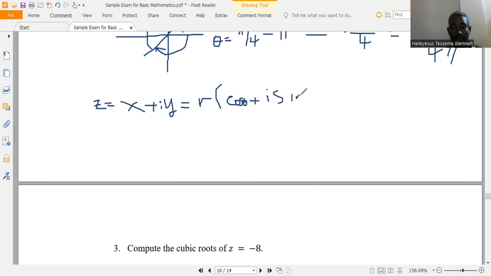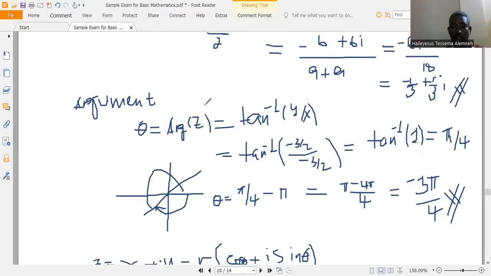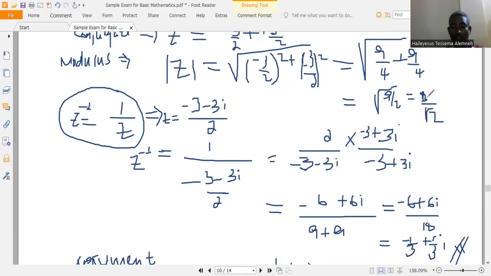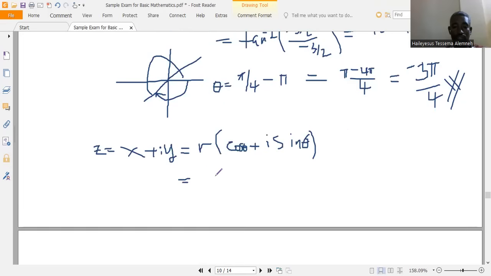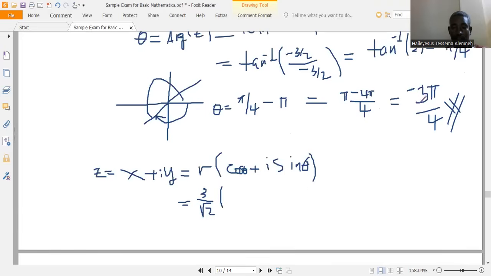The modulus is 3 over radical 2, and the principal argument is minus 3 pi over 4.